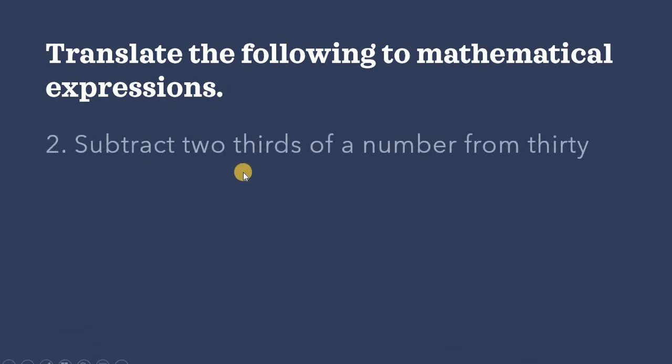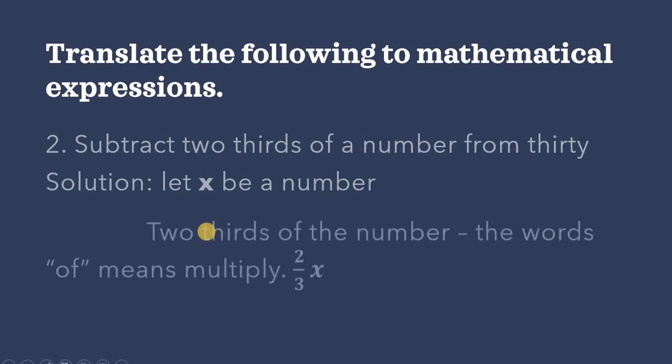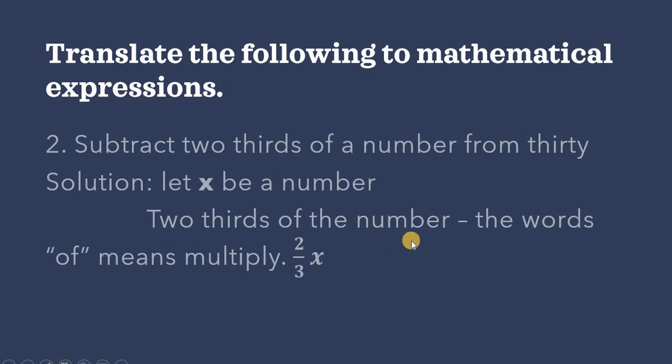Next one, subtract 2/3 of a number from 30. Let x be a number. For this, we will use x for a number. Now, 2/3 of the number, the word of means multiply. So, 2/3 of a number is 2/3 x, or 2/3 times x. We also have the word subtract and the word from 30, so we are going to use subtraction, of course.